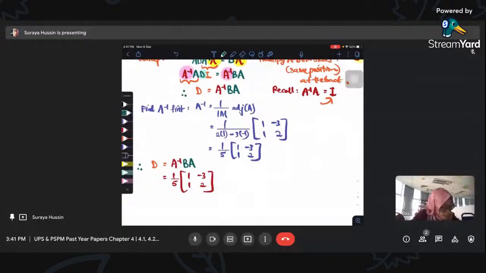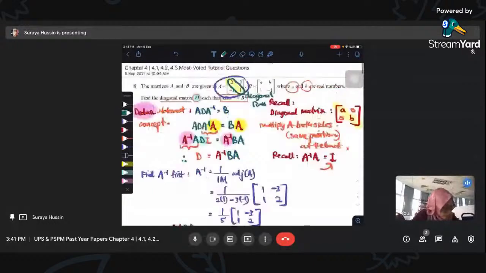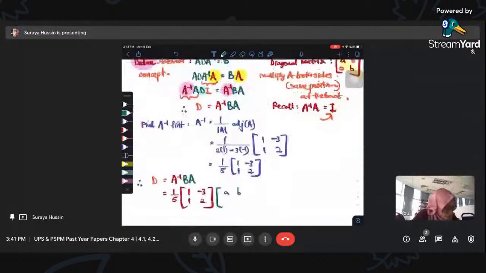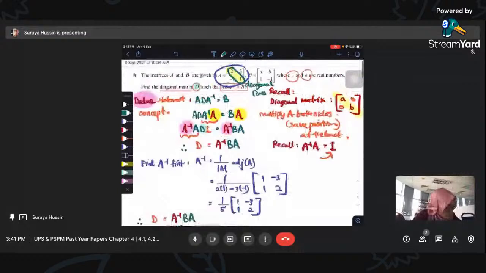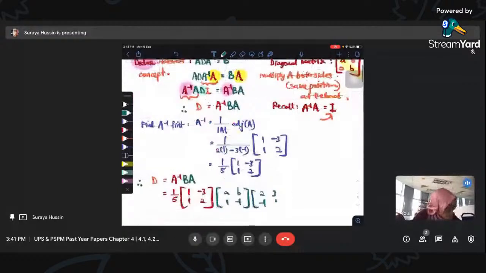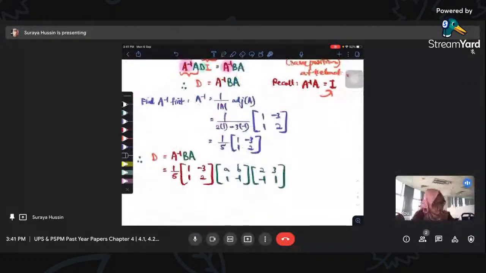Our B is AB 1, -1. Our A is 2, 3, -1, 1. So you just have to make sure everything is in the same 2x2 matrix. From there, barulah you senang untuk menyelesaikannya.